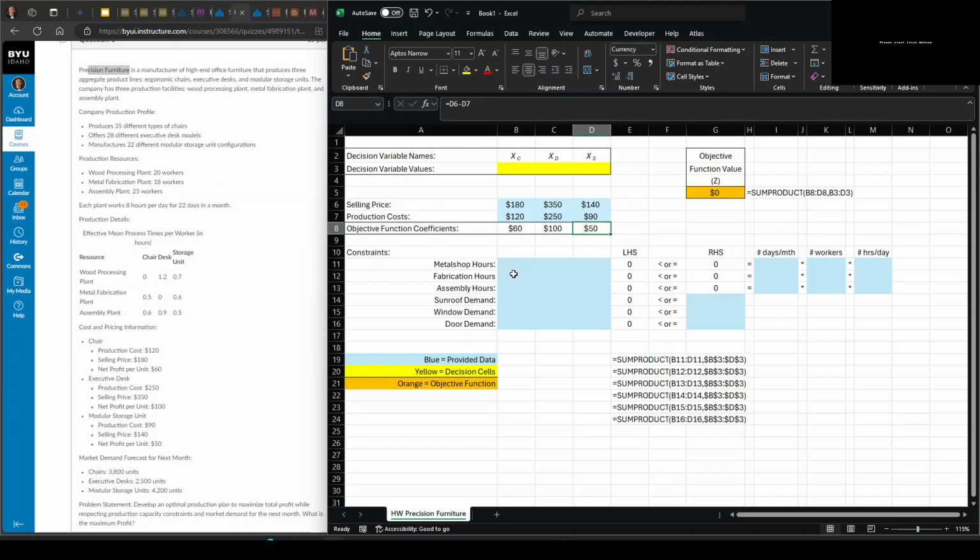Let's figure out the hours. What are the total hours in the three different resources? So let's put our resources in here. This is the wood processing plant.